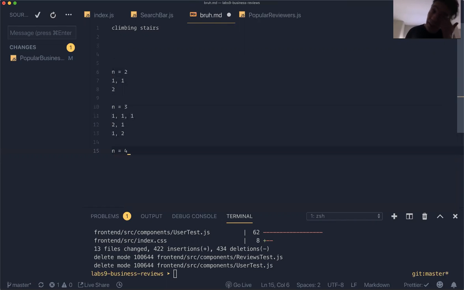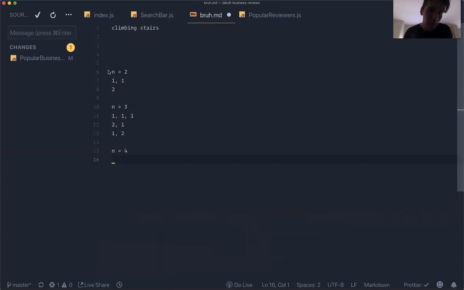So the logic that helps us with this would be to simply take the steps of 2 and 3, that is to say, the steps that come before four steps, and we're just going to add them together, because all these variations would hold true for four steps. The only difference being is that we would add 1 and then 2 to them, respectively.